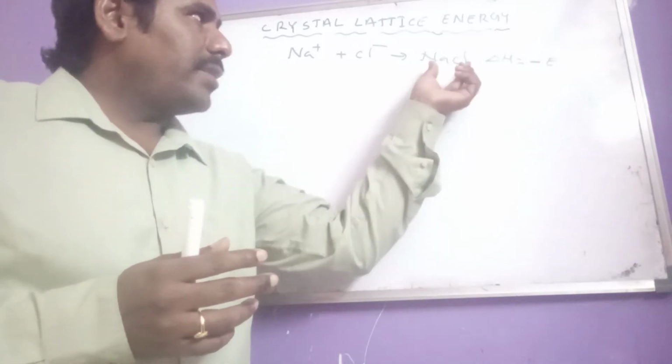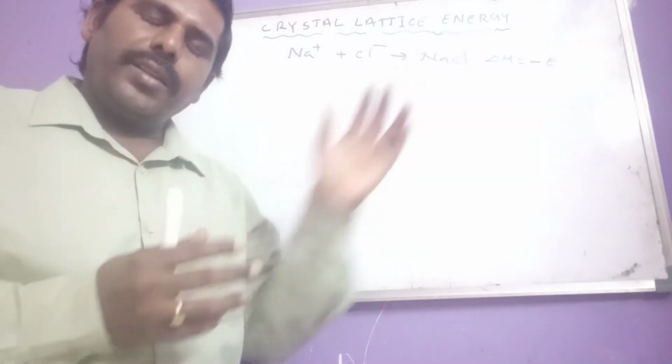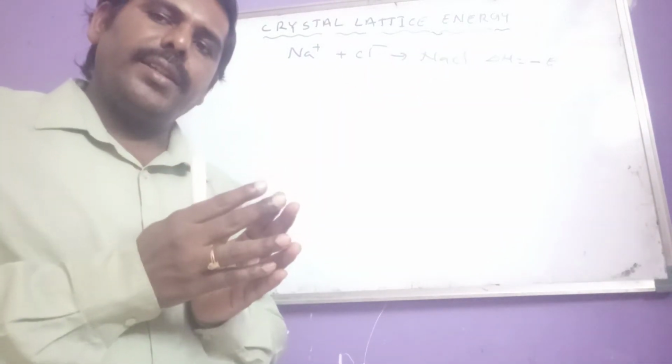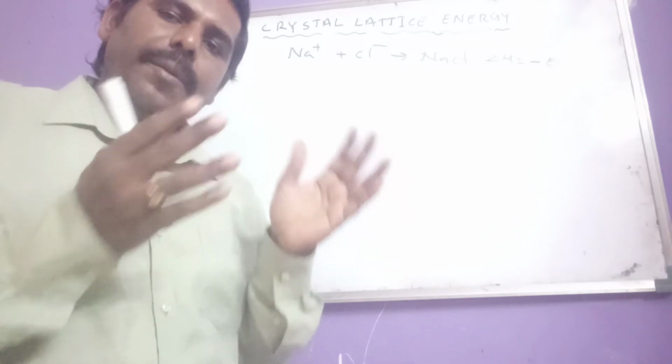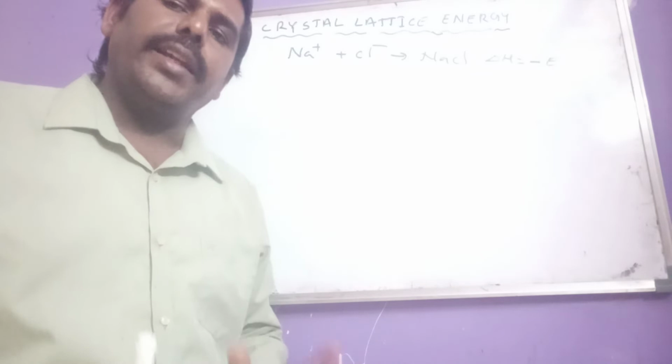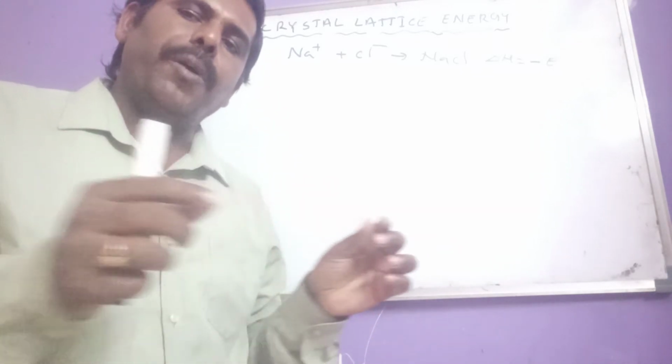And as the size, that means the radius of the cation and anion, increases, crystal lattice energy decreases because they have a longer bond length.